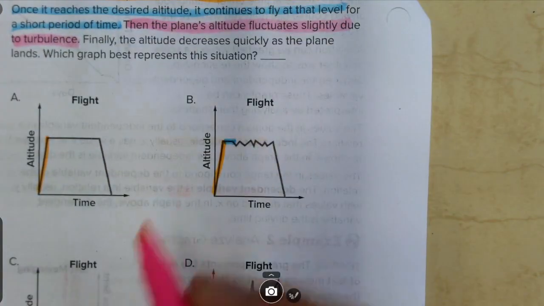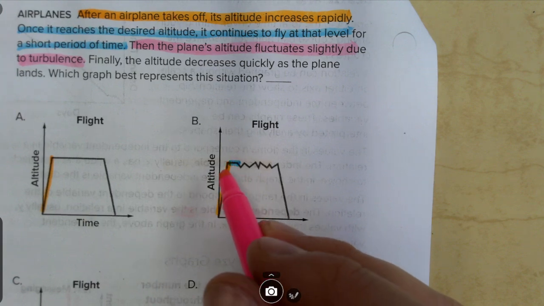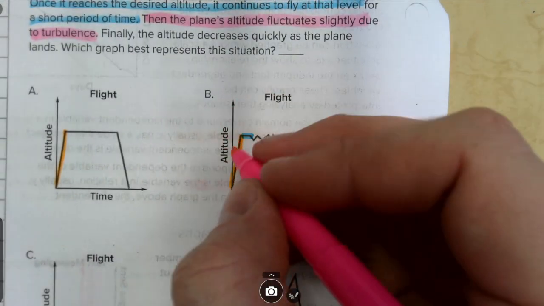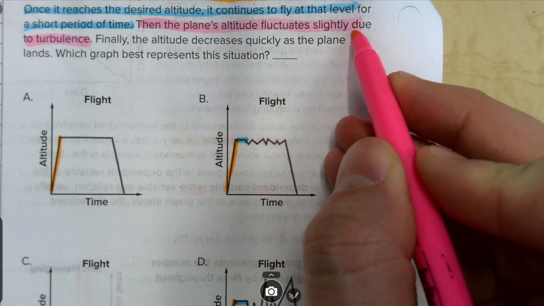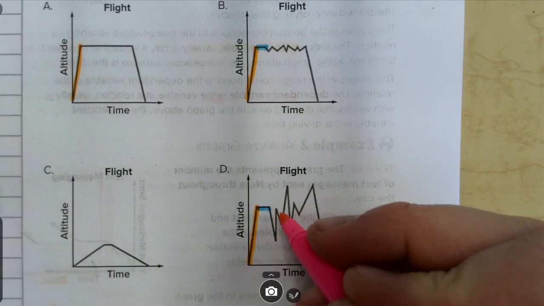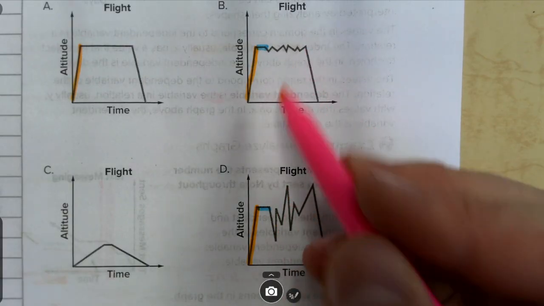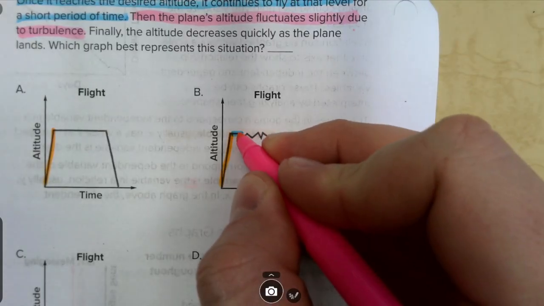All right, so now we're between, since altitude is the dependent, that means it's going to fluctuate. Fluctuate means going up and down, but it's only fluctuating slightly. So in B and D, well, this one goes up and down way more than this one. So if I had to say which one of these two was slightly, I go with B.